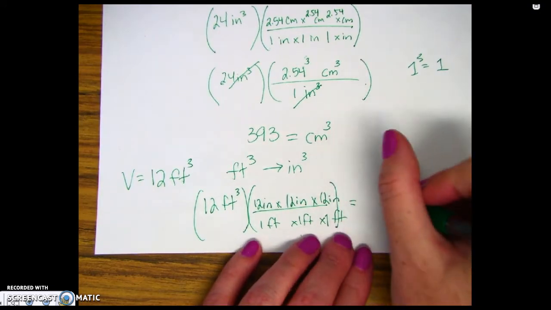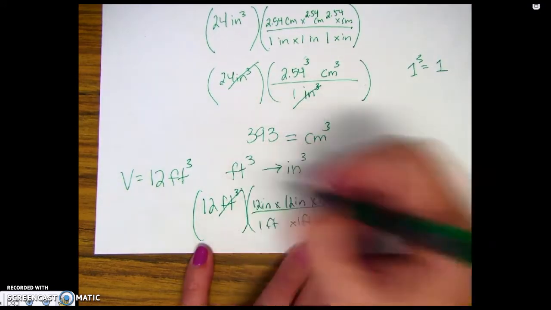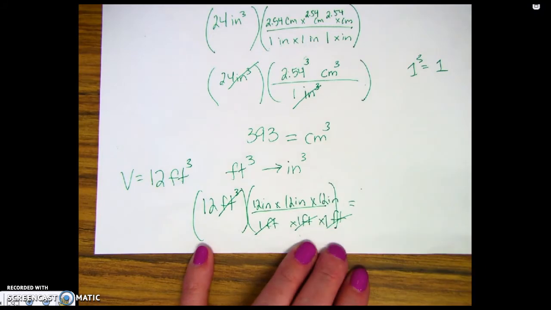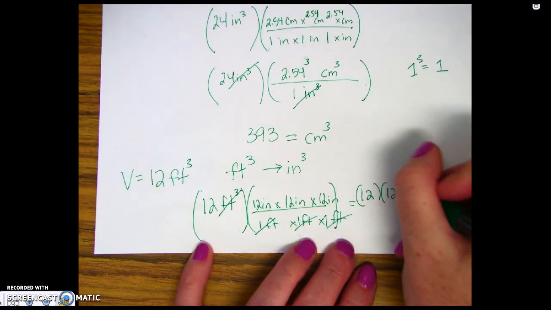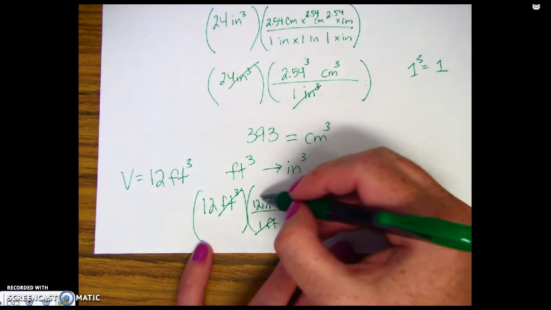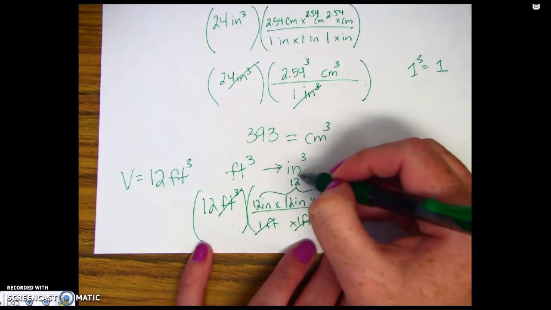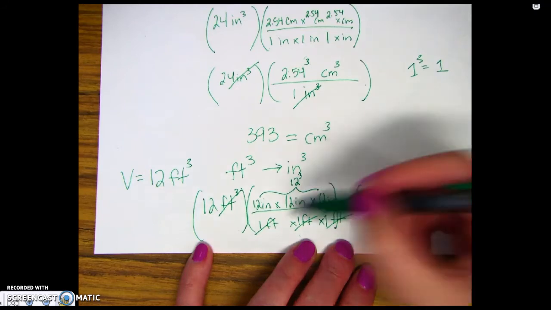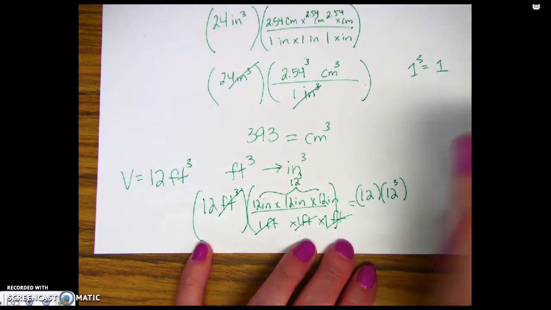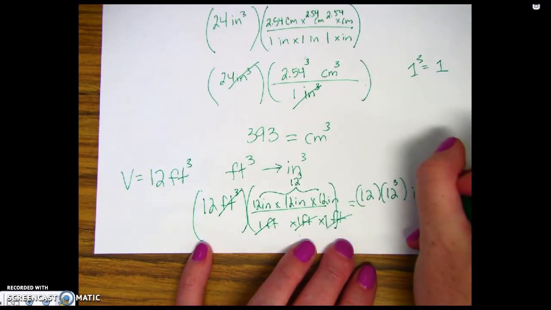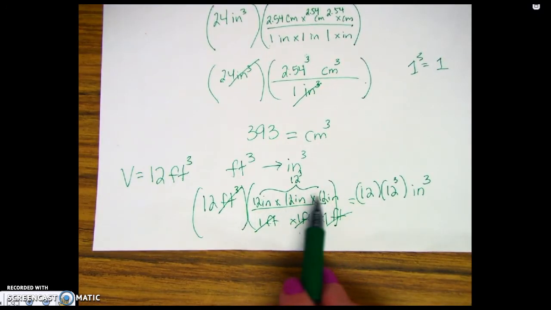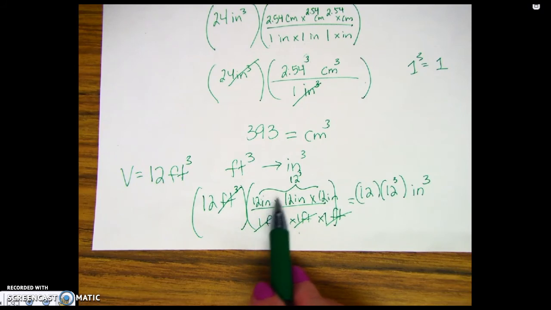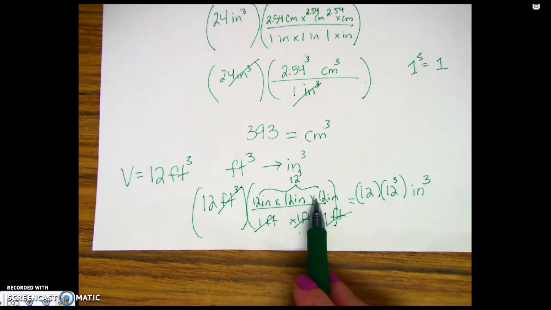That means cubic feet reduces with the feet, and I'm left with 12 times 12 to the 3rd. There's 3 of these, 12 multiplied 3 times, and it's going to be inches cubed. It's 3 dimensions. It's 3 lengths that I multiply. It's 3 units of measure to get volume. Okay?